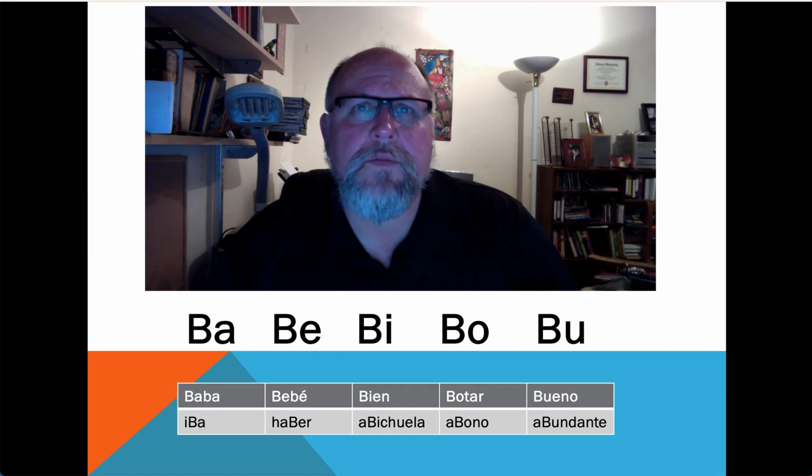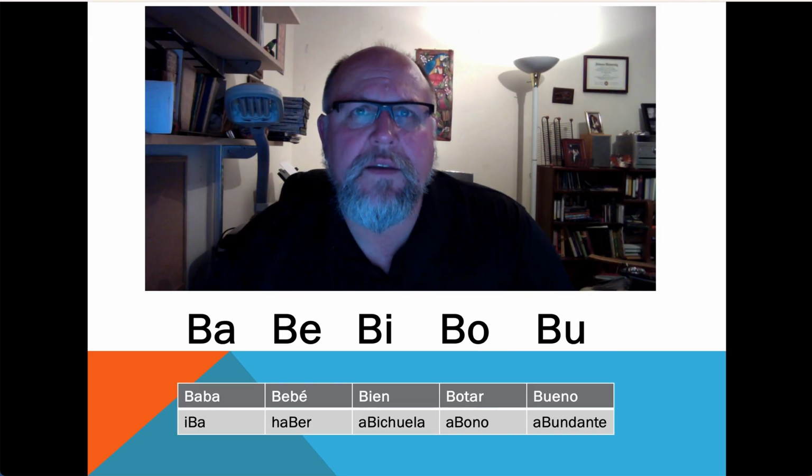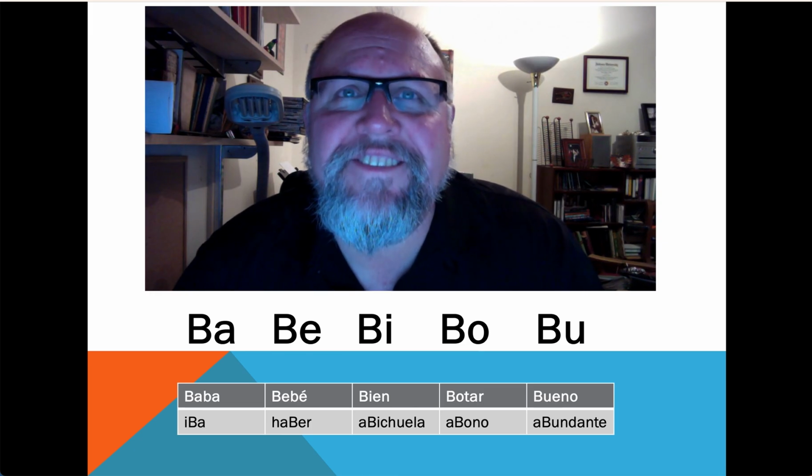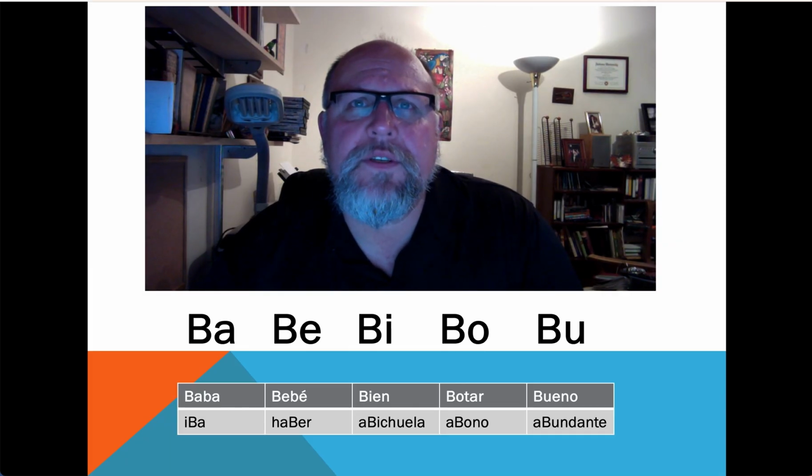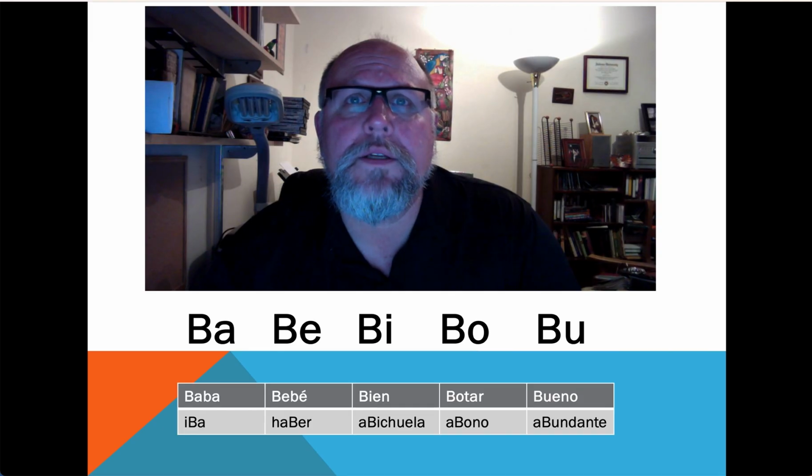The B, pronounced in Spanish, is a mixture of a B and a V. It's actually a double stop. You close as if you're going to say the letter V, as you all know. But then you're going to close your lips. So it's actually the pronunciation of both V and B together.